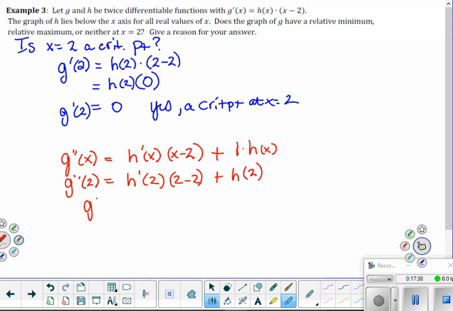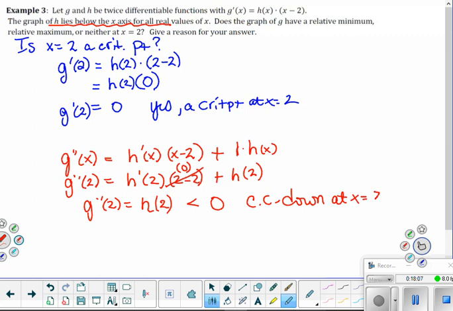That means g double prime of 2 simplifies down to just h of 2. And you can write a 0 in there if you wish. Now, I know that h of 2 is less than 0 always because they gave me h lies below the x-axis. So, I have a critical point and concave down at x equals 2.